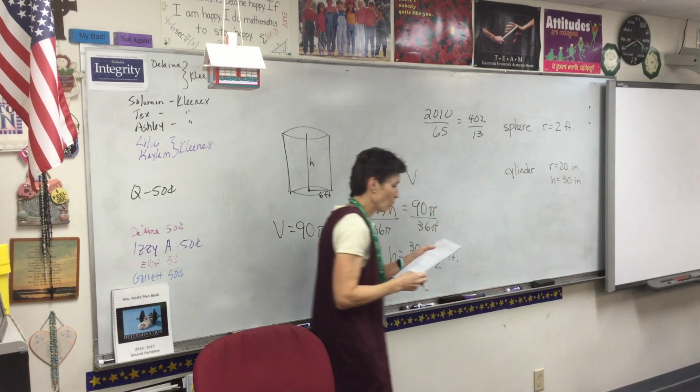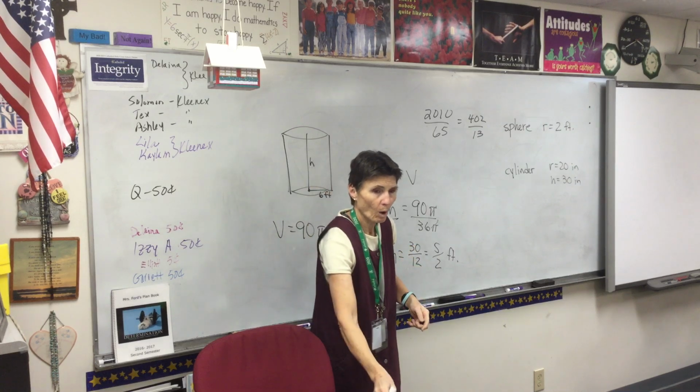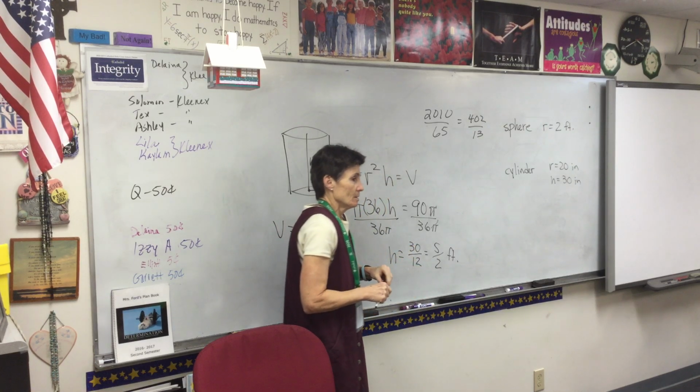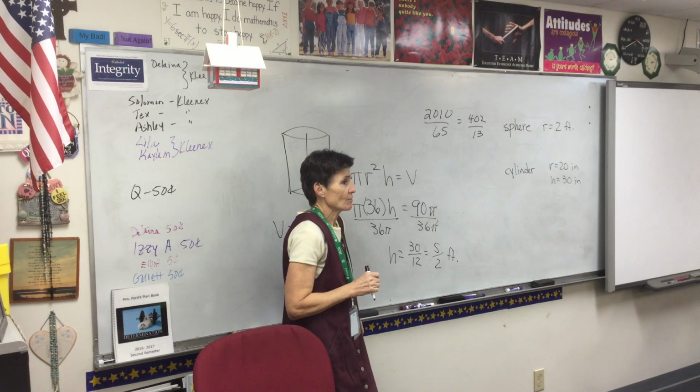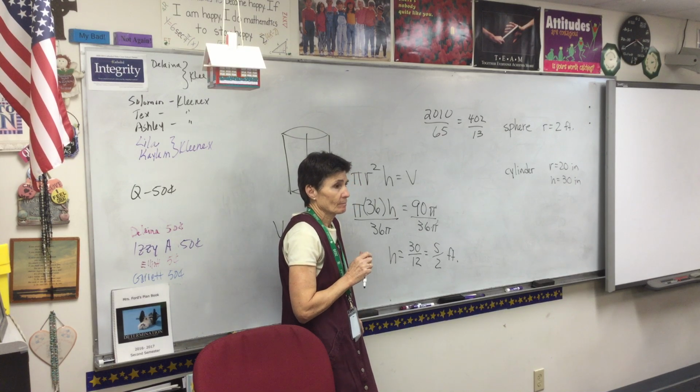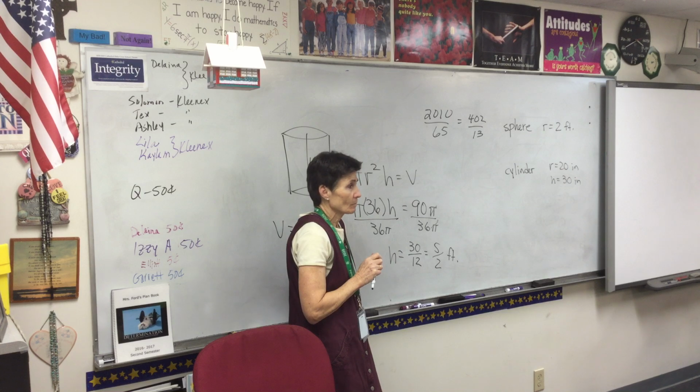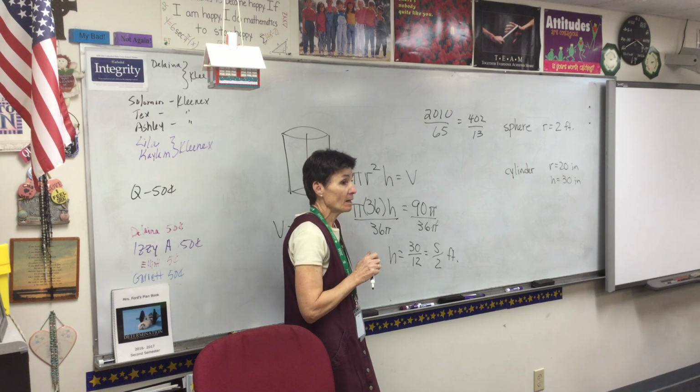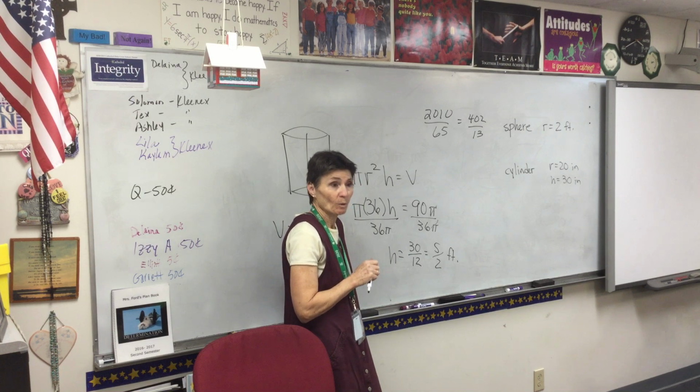So we want to know which holds more water. What will we need to do to answer that question? Find the volume of each one, and then the biggest one wins.